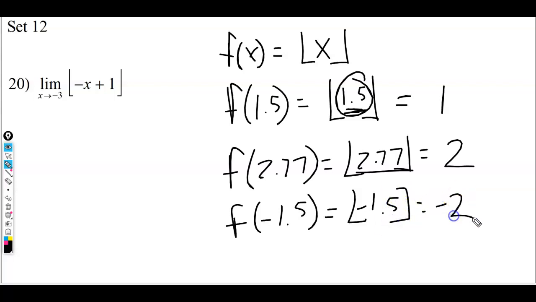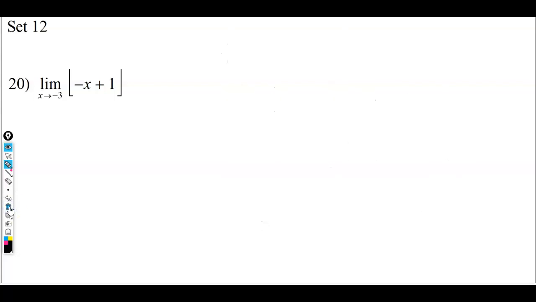That answer would be negative 2. Because remember, negatives go in the opposite direction. That's what a step function is, right? Now, for this particular problem, if you were to plug in negative 3, it's not going to be very informative. You're just going to get 4.